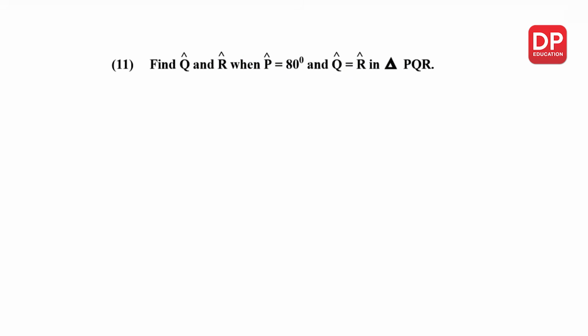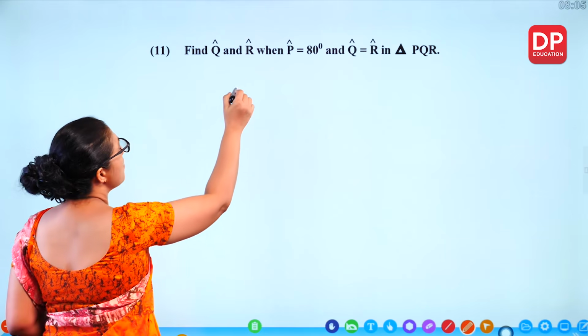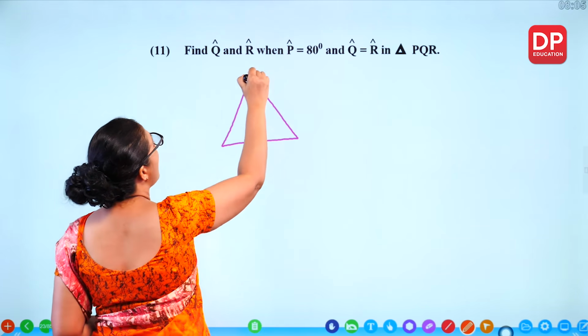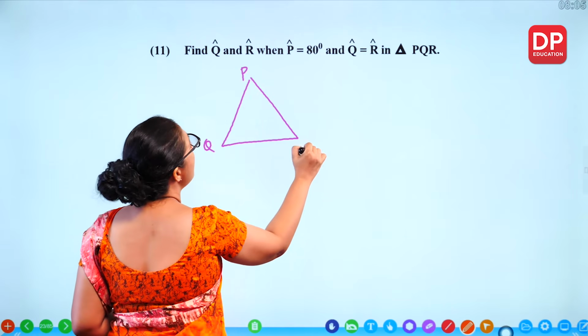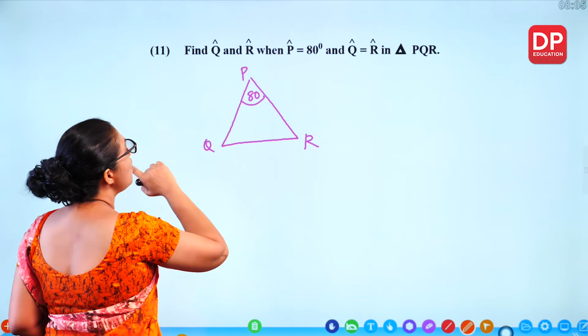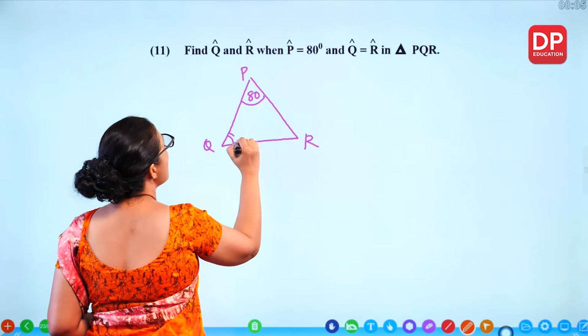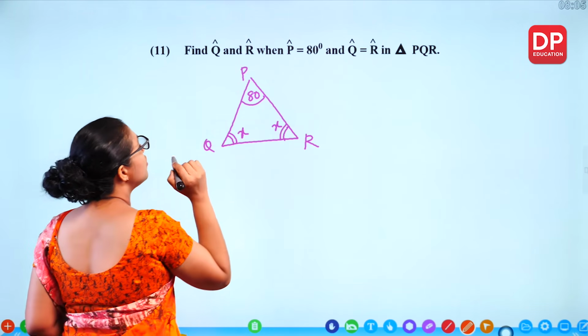Find Q and R when P equals 80 and Q is equal to R. Two angles are equal. What type of triangle? Isosceles triangle. We'll take PQR. P is 80 and Q and R both angles are equal. So put x here. This is also x.